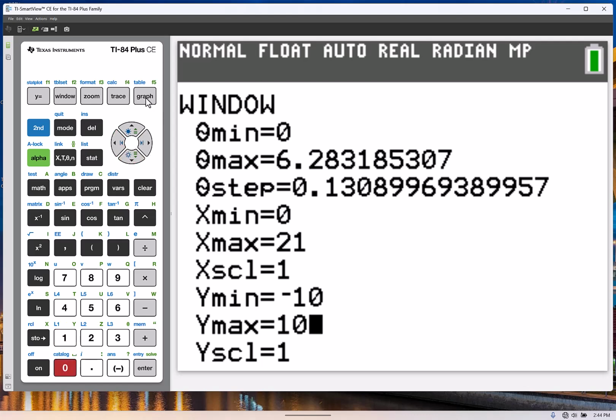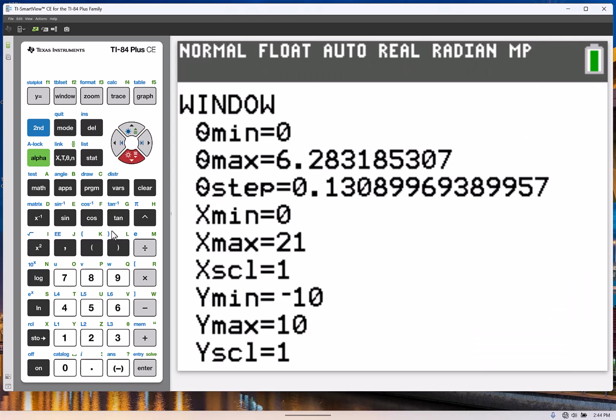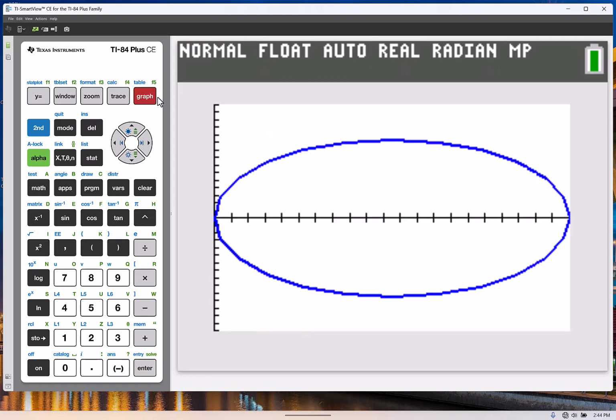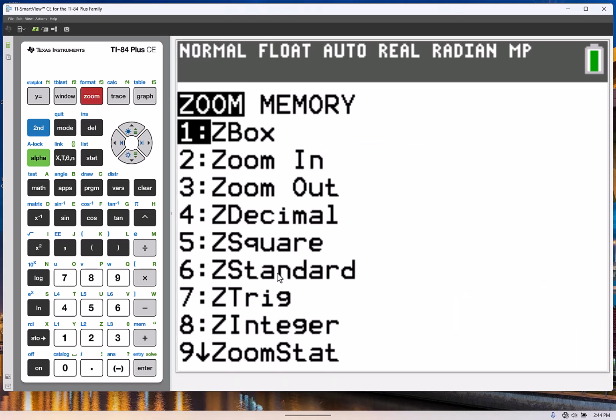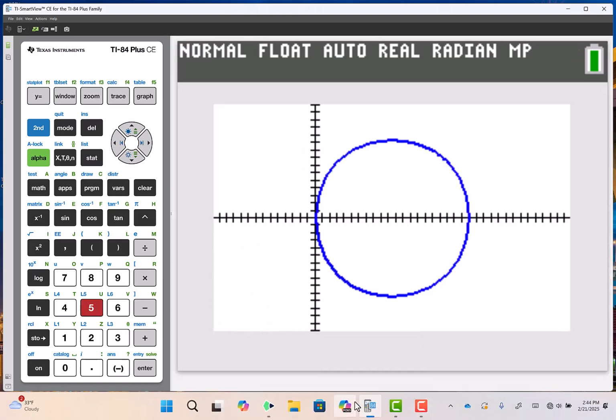That doesn't look like a circle at all. The window's not a square window. Let me see if it fixes it for me. Zoom square. Look at that. That's a circle.